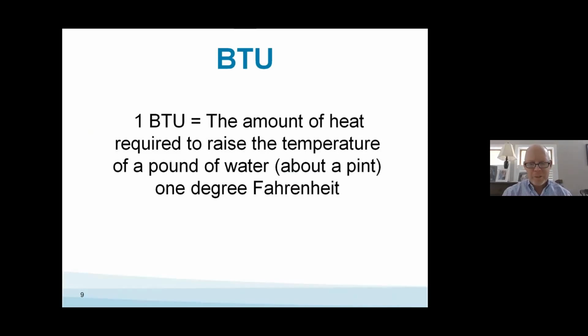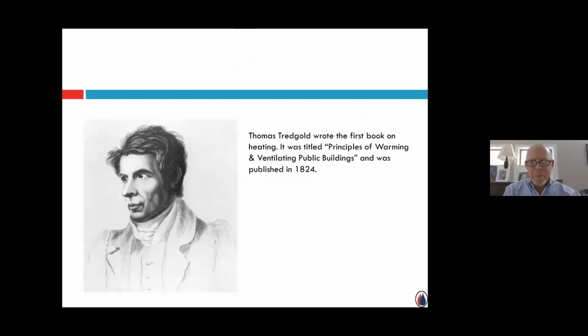So he decided to call this 1 pound, 1 degree Fahrenheit, a British thermal unit. So when we say 100,000 BTUs, we're talking 100,000 British thermal units. It's an expression that a guy made up that we live and die by.